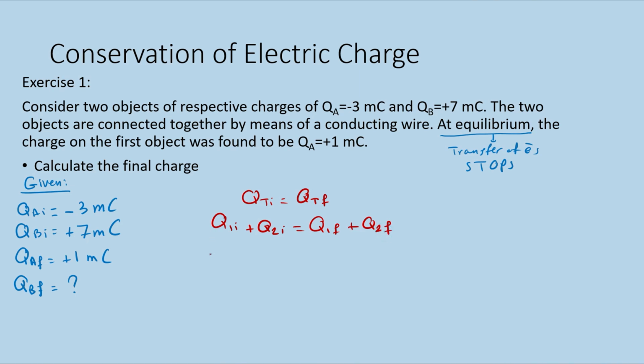Let's replace. We have negative 3 plus 7 is equal to 1 plus Q2 final. So we have 4 is equal to 1 plus Q2 final, then Q2 final is equal to 3 millicoulombs.